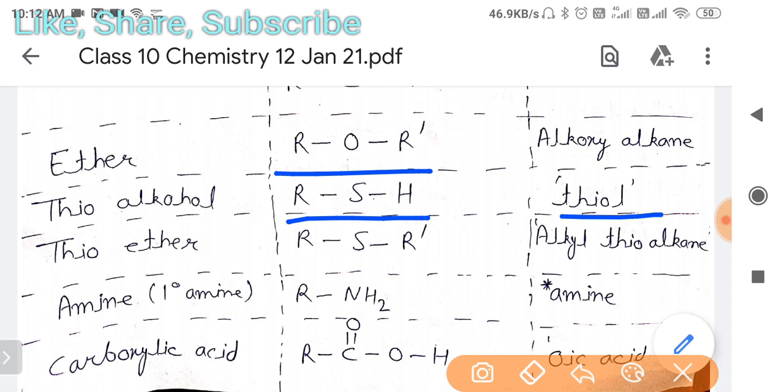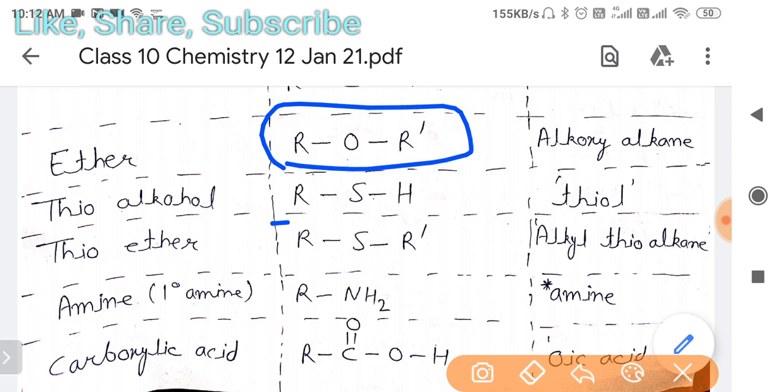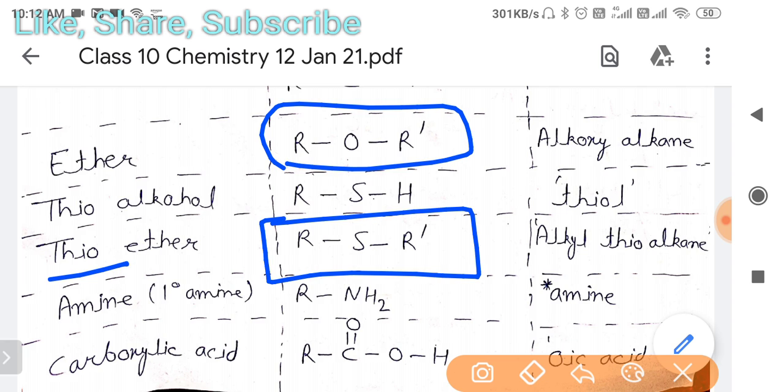Then thioether comes. Thioether means RSR dash. Ether is represented by ROR. Compare these two. Thio here means RSR dash, and it is represented as alkylthioalkane.